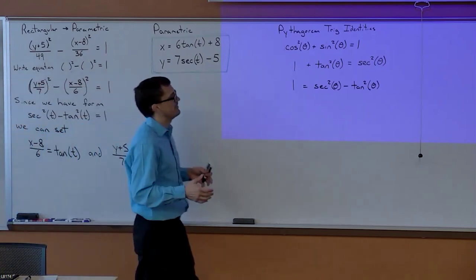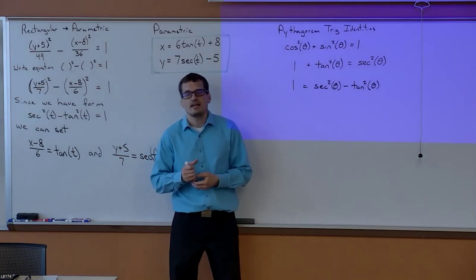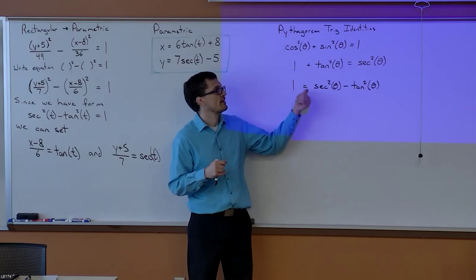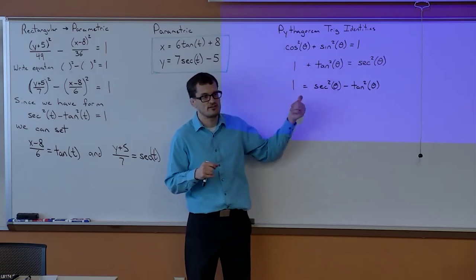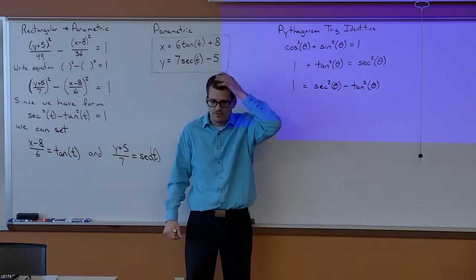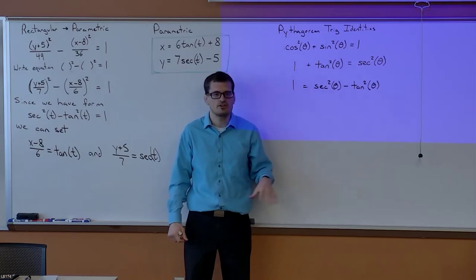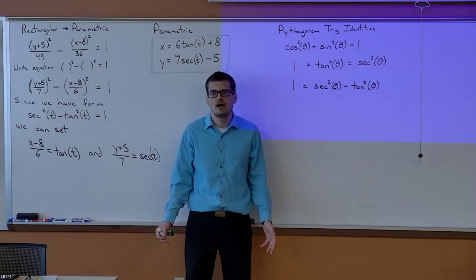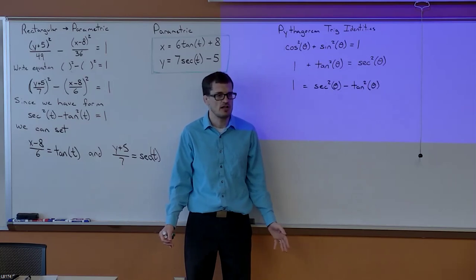So that's the indirect substitution. And if I ask you to do indirect substitution in this class, it's going to be using one of these trig identities. There are other trig identities that you could use with indirect substitution, and other algebraic identities as well.